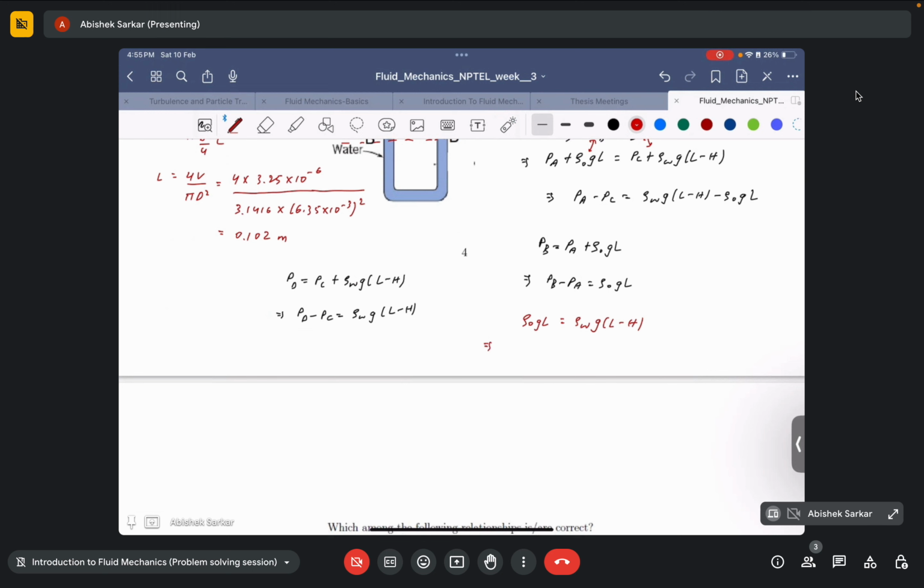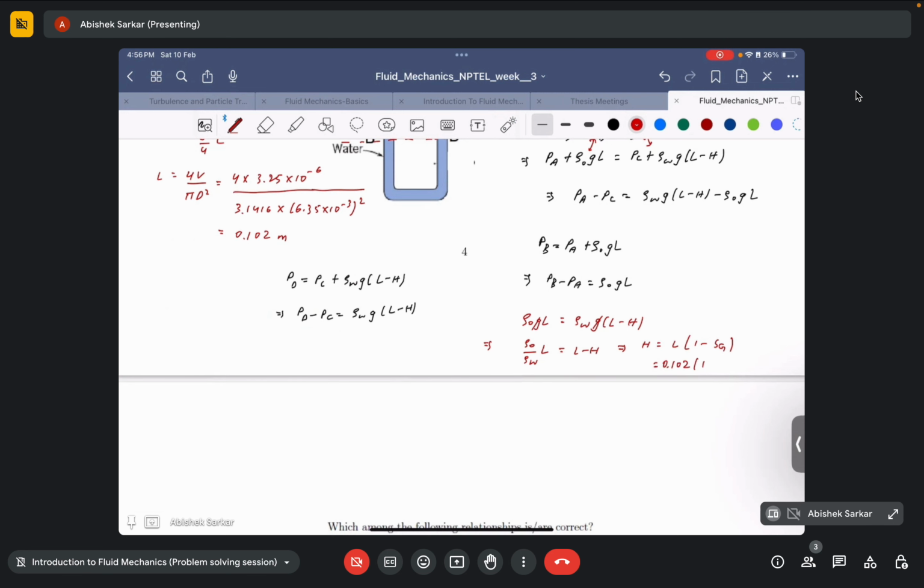We can cancel out g from both sides: rho oil by rho W times L is equal to L minus H. Rearranging further, H would be equal to L into 1 minus SG.